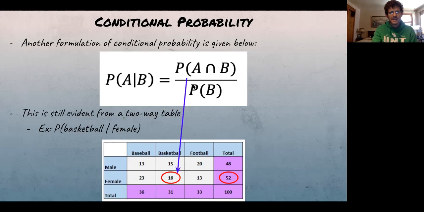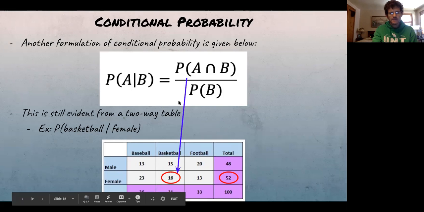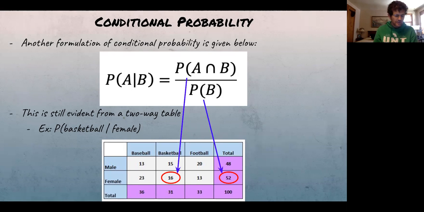There we go, A and B. This is the probability of liking basketball and being female divided by the probability of being female. And that's evident right there. This formulation of it is one that can be helpful to know from time to time. Okay.